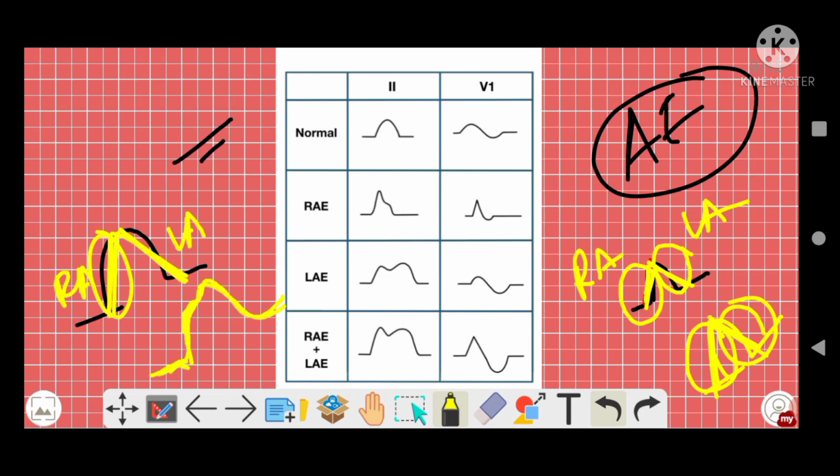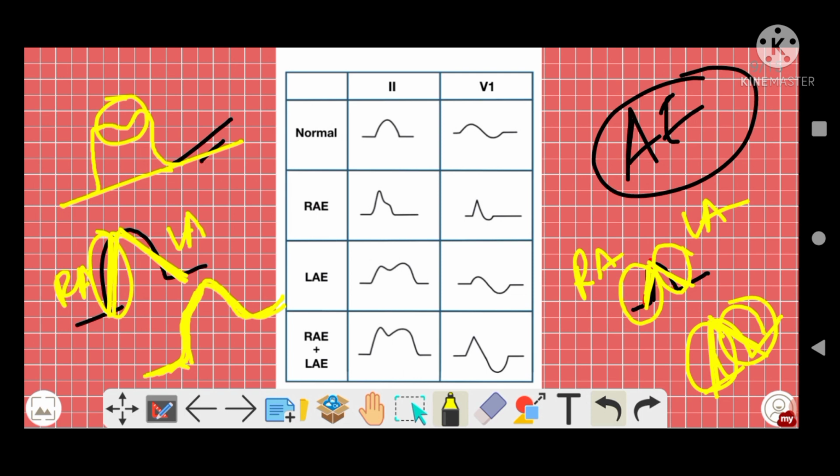See this one. And if we talk about left atrial enlargement, the right atrium will contract well, but when it comes to left atrial contraction, there will be a sloping pattern, M-shaped. Now I think you are clear that when there is a problem in the right atrium, the ECG tracing will go a little upwards.